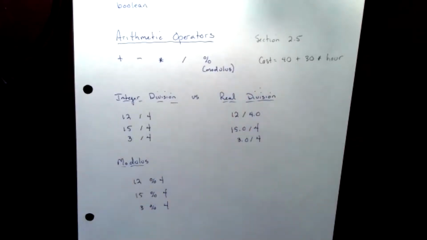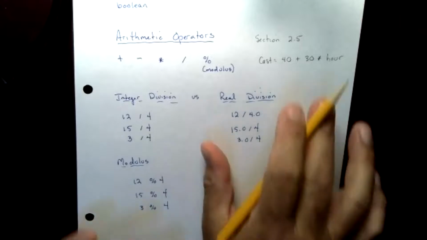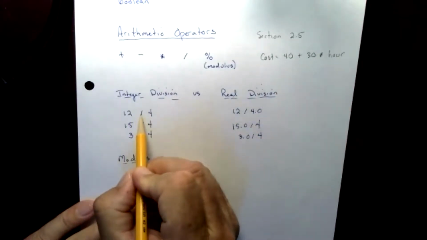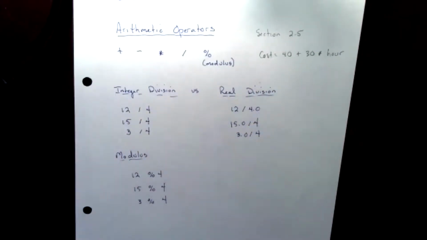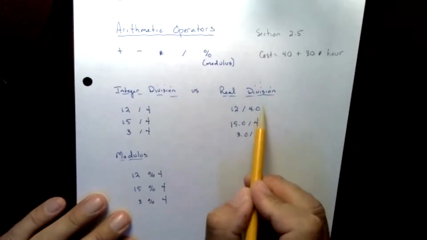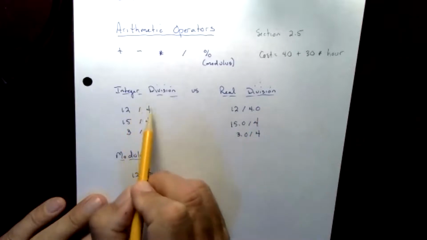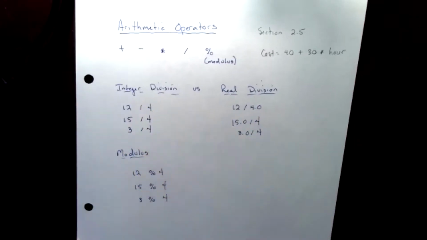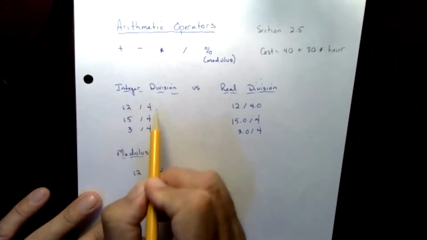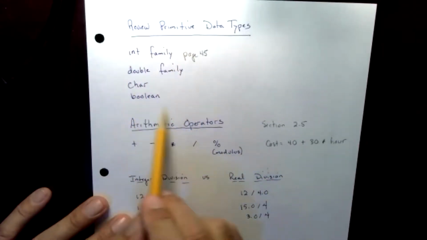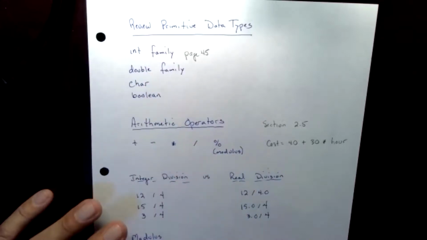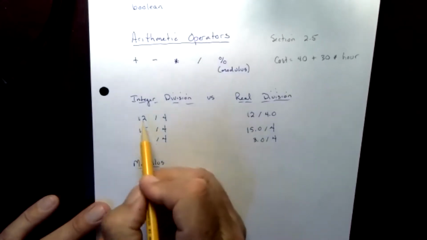In our world, we look at these problems and just start ripping away and getting an answer. I'm going to start with this first one, 12/4. Well, in the computer world, I see this number 4.0 and I see this number 4. What data type would you say 12 and 4 would be, thinking about our data types in the computer world? 12 is what?